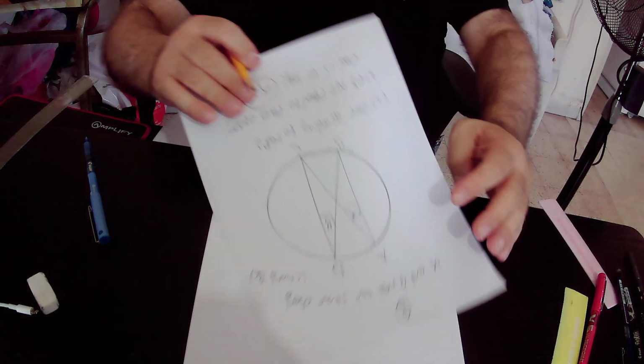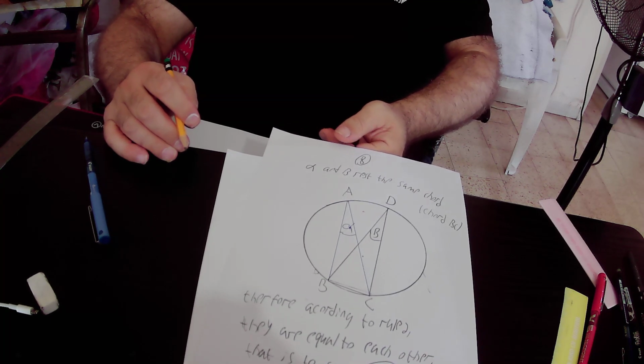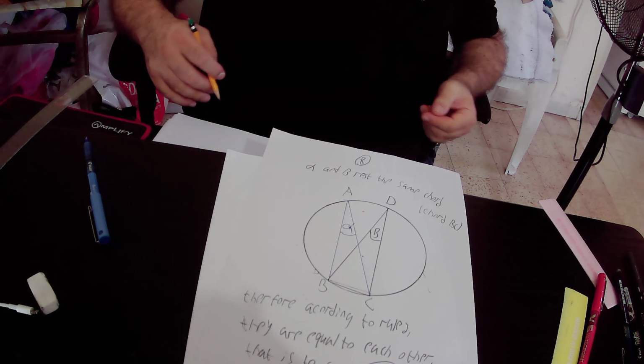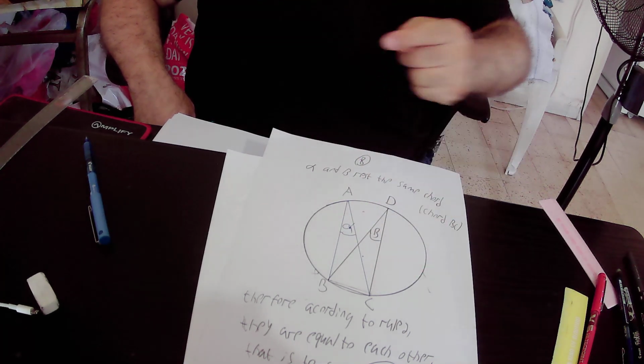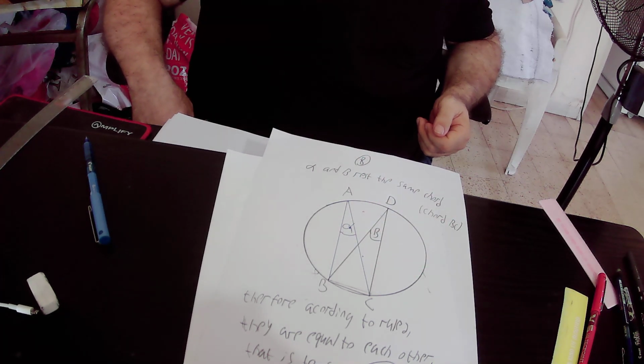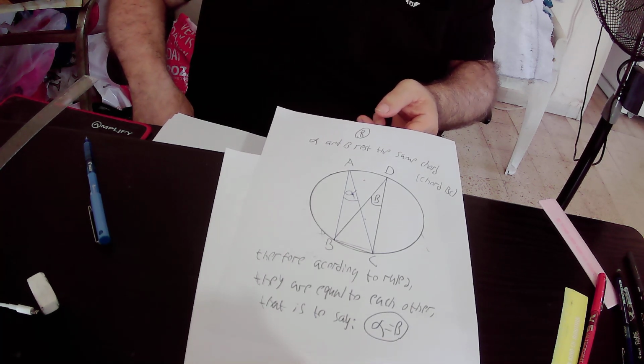So I will read again the things that I wrote. Angle alpha and angle beta rest on the same chord BC. Therefore, according to rule number 2, they are equal to each other.